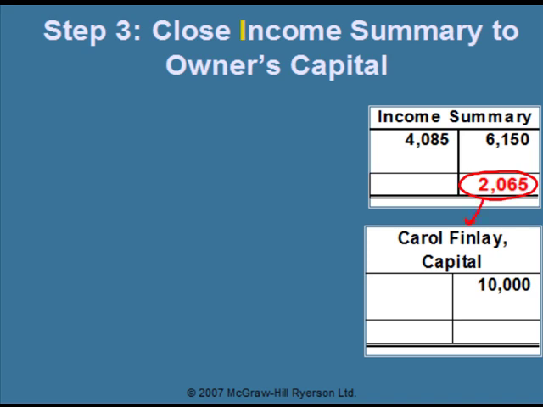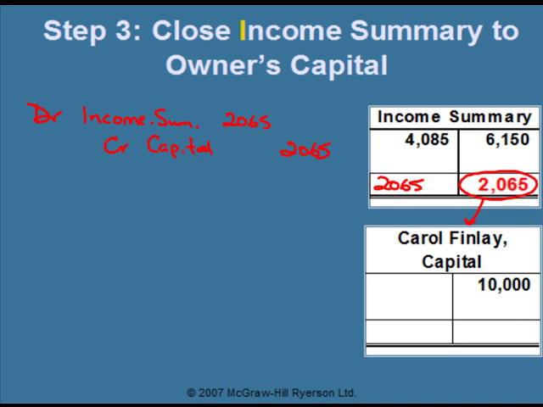We do that by making the income summary account zero. Right now it has a credit balance of $2,065, so we're going to debit this account $2,065 in order to make it zero. So we're going to debit the income summary account for $2,065, and we're going to credit capital.